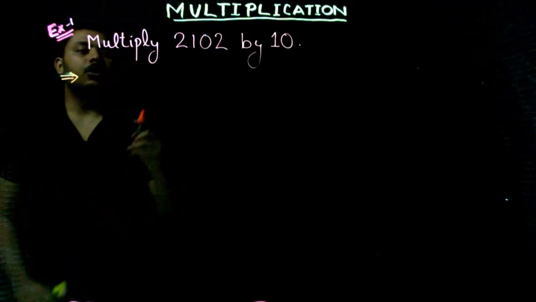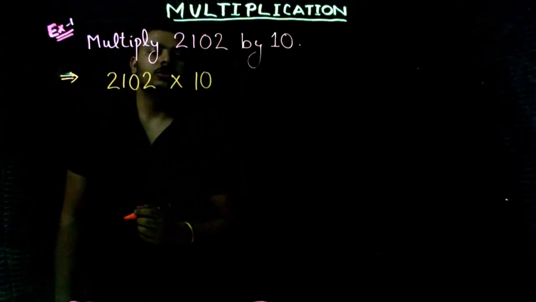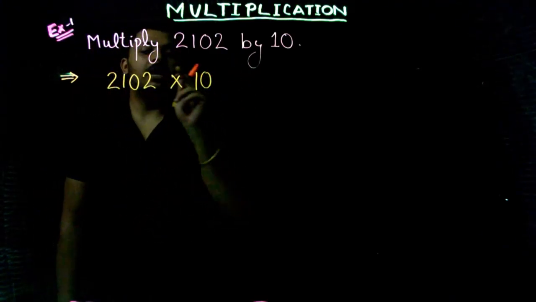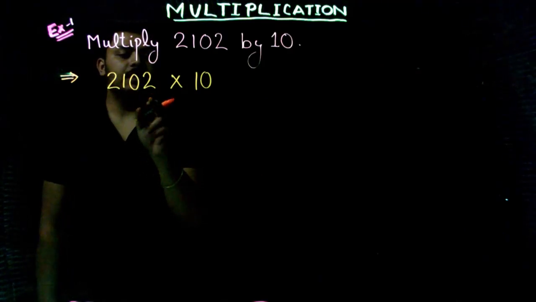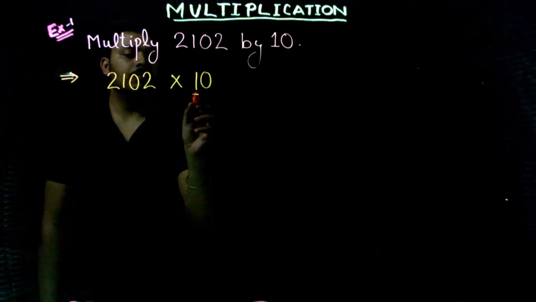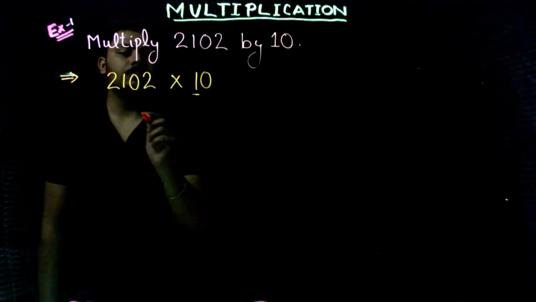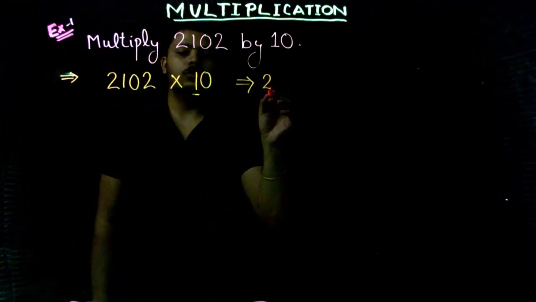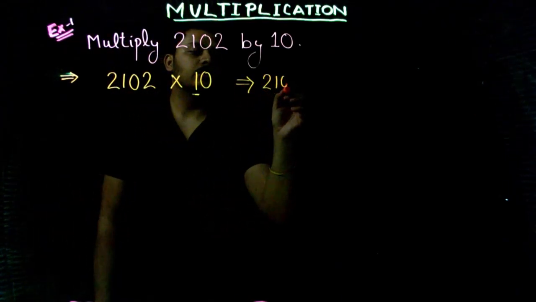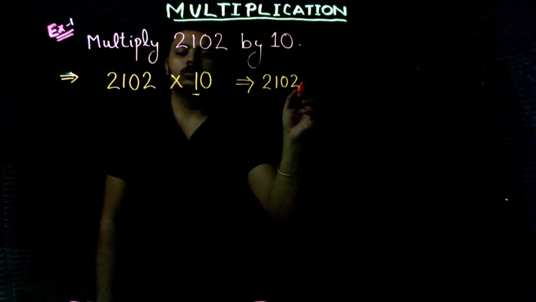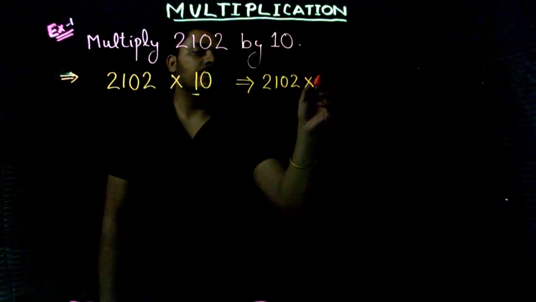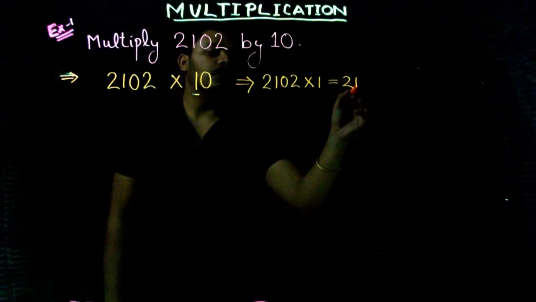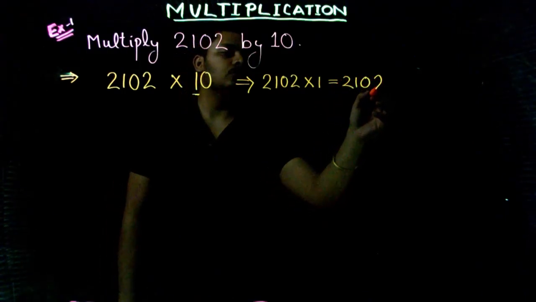So in this case, we need to multiply our multiplicand with the number that is before a 0, that is 2102 into 1 is equal to 2102.